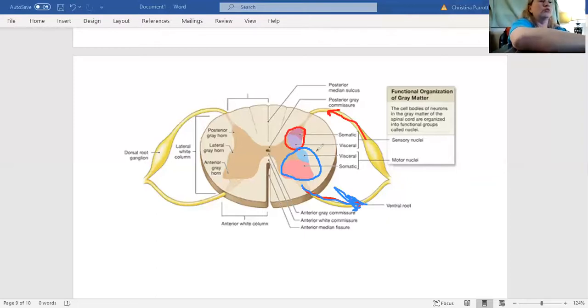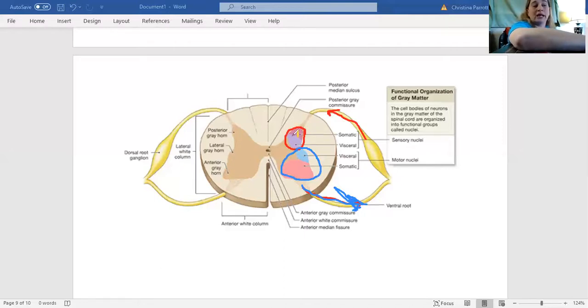So now let's go through these. I'm going to get me a different color pen here. Okay, so this one, number 1, you know that it is sensory because it's closer to that dorsal root. So that means it's sensory. And then it's towards the outside of the two that are in this red circle.